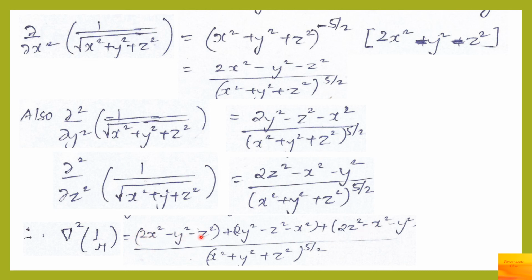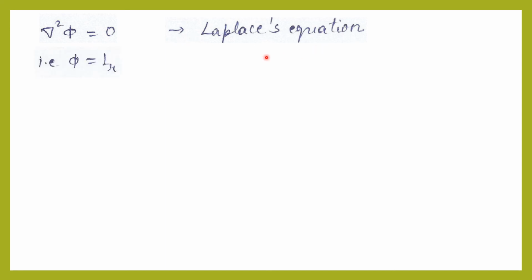The same thing will happen for the y and the z terms, and you will get 0. So del square of 1 by r you get as 0. So any function phi, if del square of that function phi is 0, this is the Laplace equation, where phi equal to 1 by r is a solution of this equation.